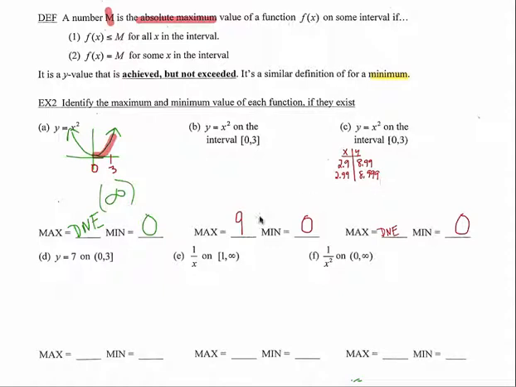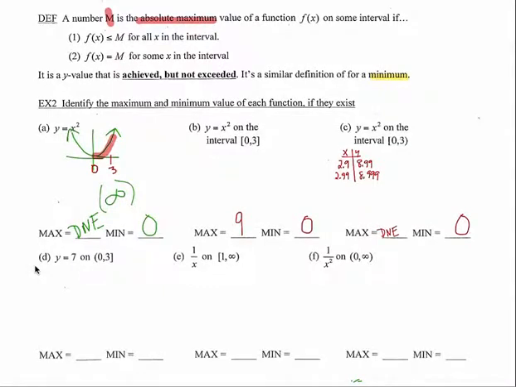All right, D. If we look at this graph, again, a very straightforward graph. Oops, didn't want that. I want a line. Try again.